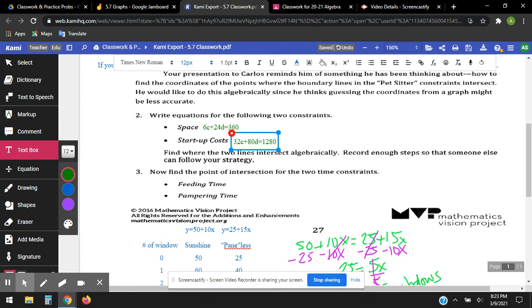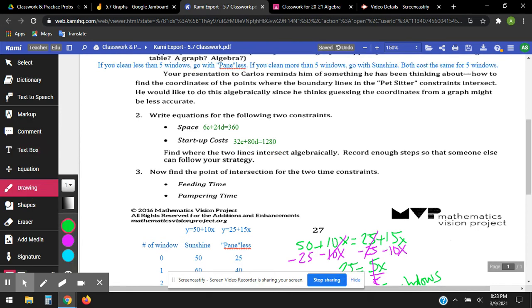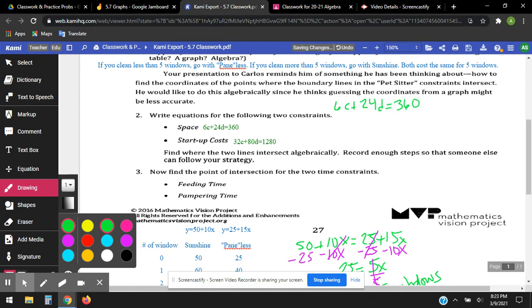So now we're going to work through these two algebraically. 6c plus 24d equals 360.